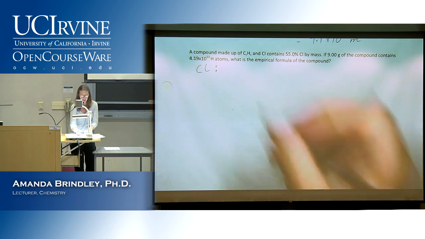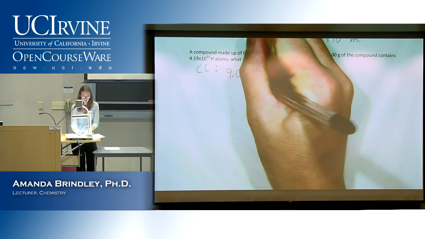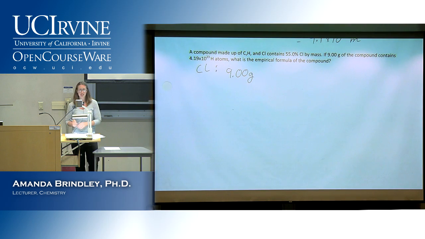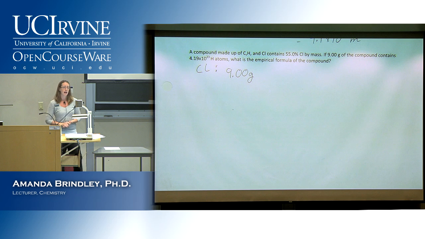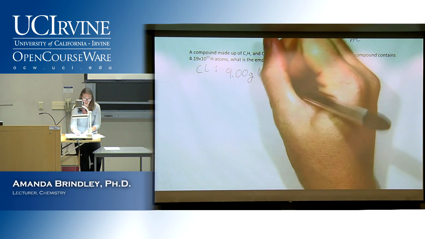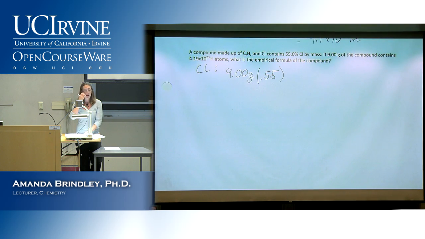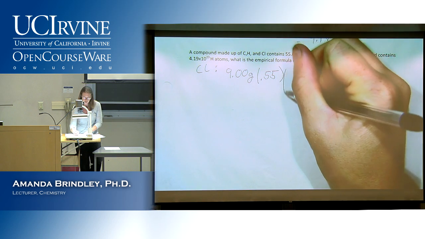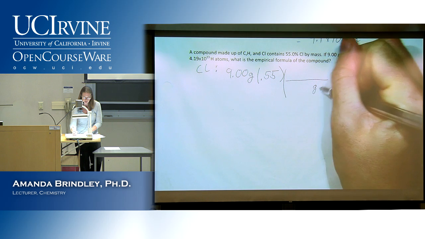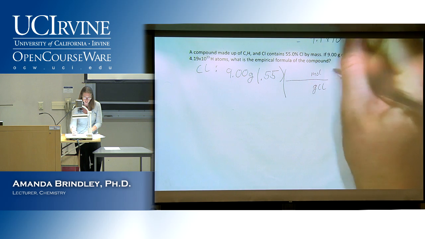So we have a 9-gram sample. If 55% of it by mass is going to be chlorine, how can we get moles of chlorine? Yeah, we multiply by 0.55. And that gives us how many grams of chlorine we have. And then we can get moles of chlorine.